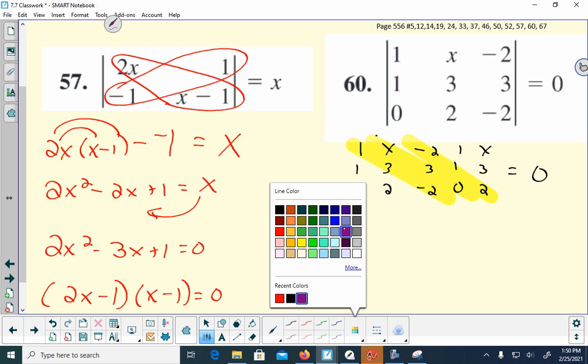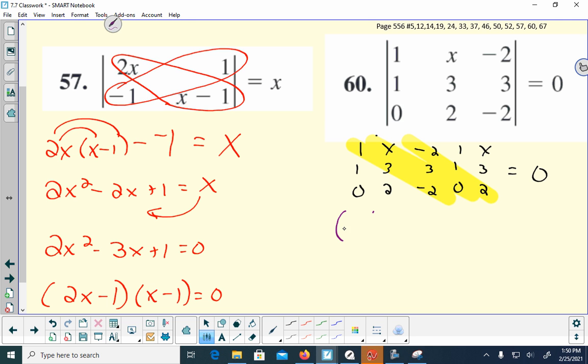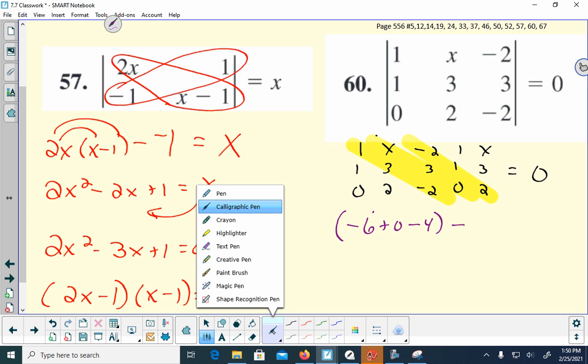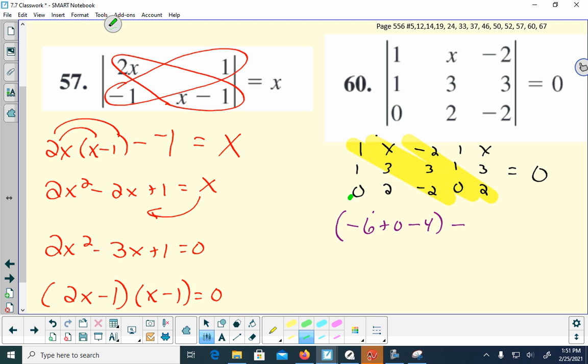So when I do that, I get negative 6, and that's going to be plus 0, minus 4. And then I have minus, doing the loops the other way. And I'm going to have 0 plus 6 minus 2x, and this is all equal to 0.